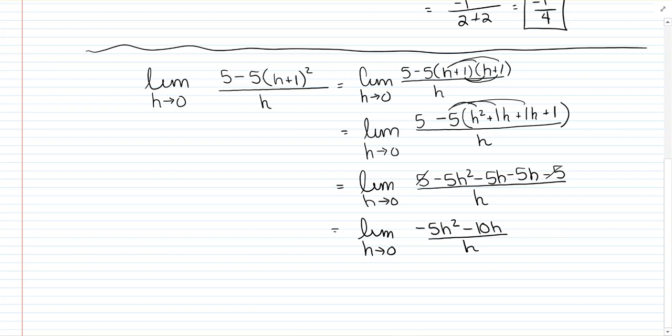Now, if I stick my 0 in now, I'm still going to get 0 over 0. So something's still messed up. But what you can do is factor. And for this one, if I factor out, let's see, they both have in common a negative 5 and an h.